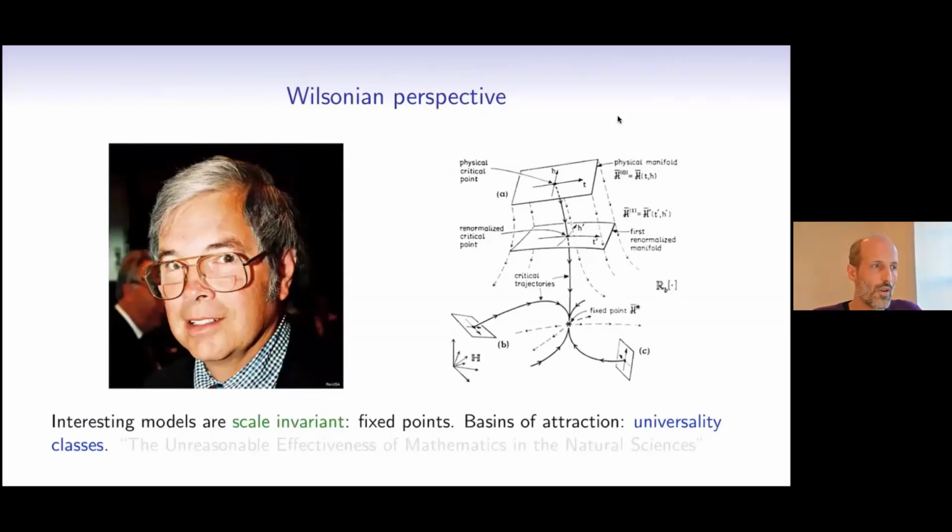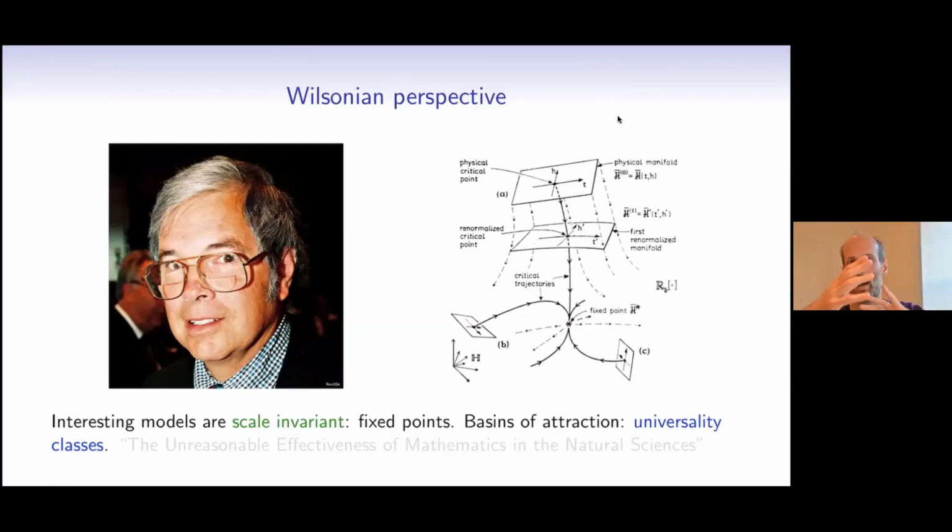His point of view was that you should think of physical theories as being like some sort of giant dynamical system where time should be thought of as the operation of changing scales, looking at different scales. You take one physical theory and scale things either up or down. You zoom in and look at what happens at small scales, or you zoom out and look at what happens at large scales.